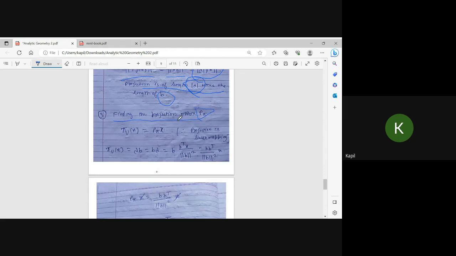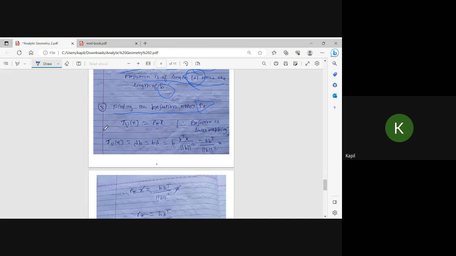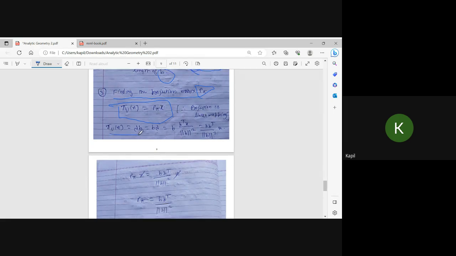How do we find the projection matrix p pi? From the definition of the projection, pi u x is nothing but p pi into x, which means projection is a linear mapping. So pi u x is equal to lambda b, that is b into lambda, and we use the formula of lambda here: b transpose into x upon magnitude of b square.